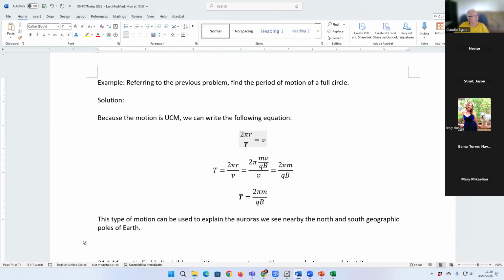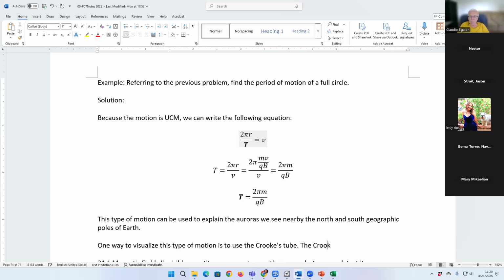And there is even a video. Let's see if I can get a video for you. One way to visualize this type of motion is to use the Crookes tube. Okay?